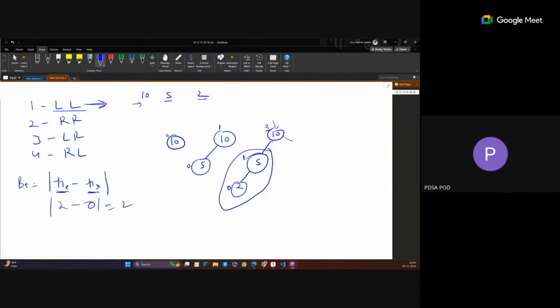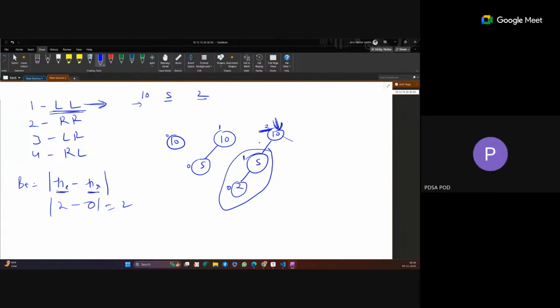So this becomes an unbalanced situation, and this is called an LL condition. How is this LL actually? Which node has a balance factor of more than one? This is 10. Here we got an unbalanced balance factor of 2. From here we will see which side our height is greater, left side or right side?